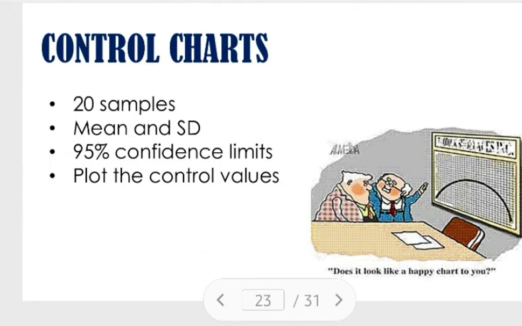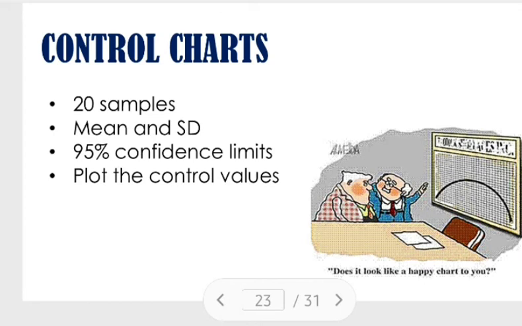Next, we have the control charts. Control charts are used to evaluate whether a process is operating within expectations relative to some measured values. As long as the values fall within the upper and lower limits, the process is in control. So how do we prepare a control chart?